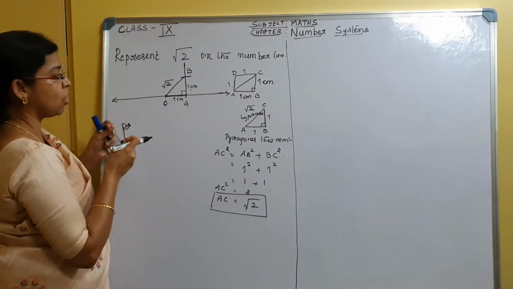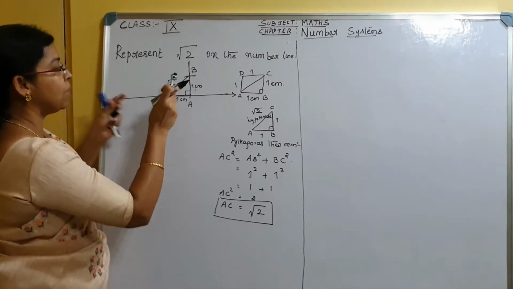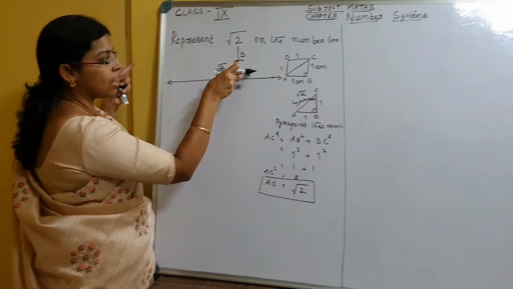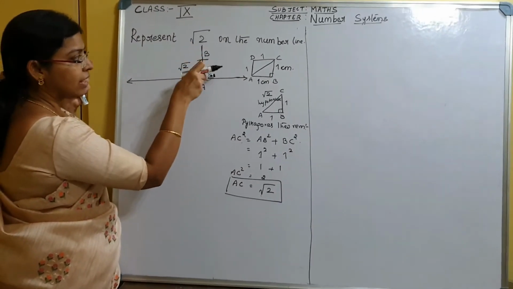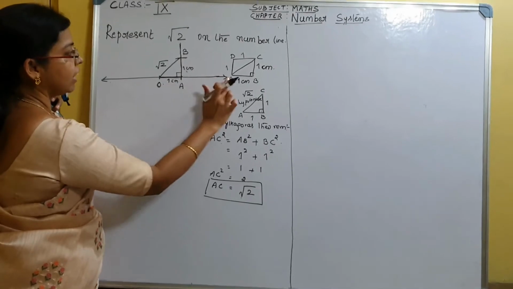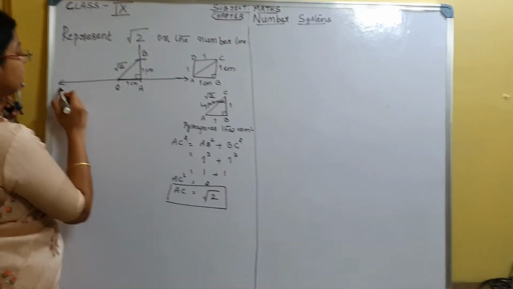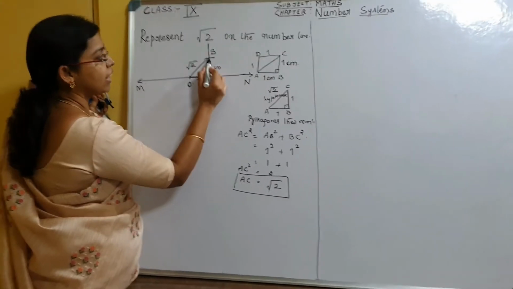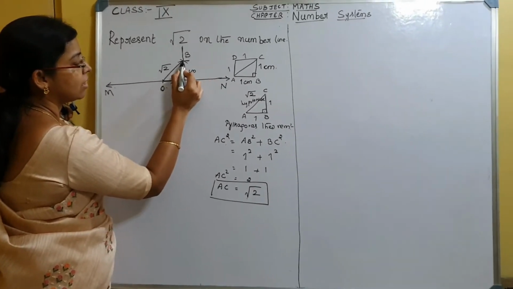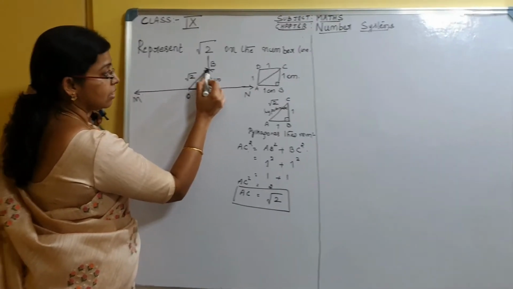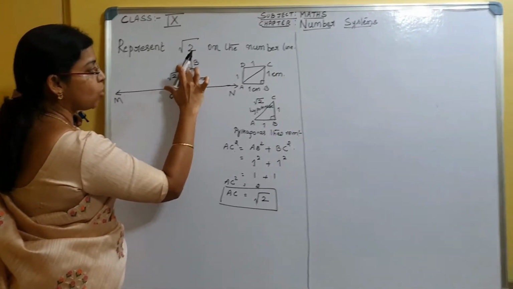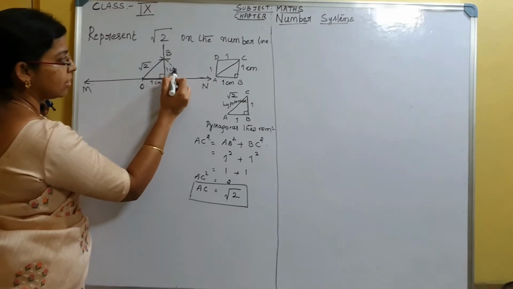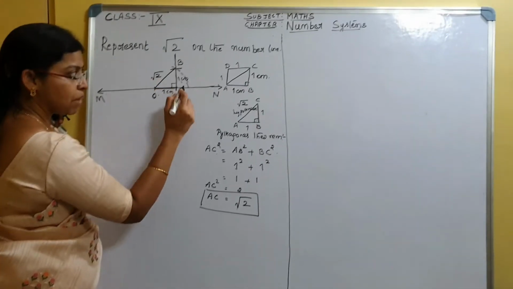So take a compass, measure OB as a radius. If you measure OB as a radius and draw an arc to intersect the line, this is a line here, you can call it MN. Take OB as a radius and draw an arc on the number line.